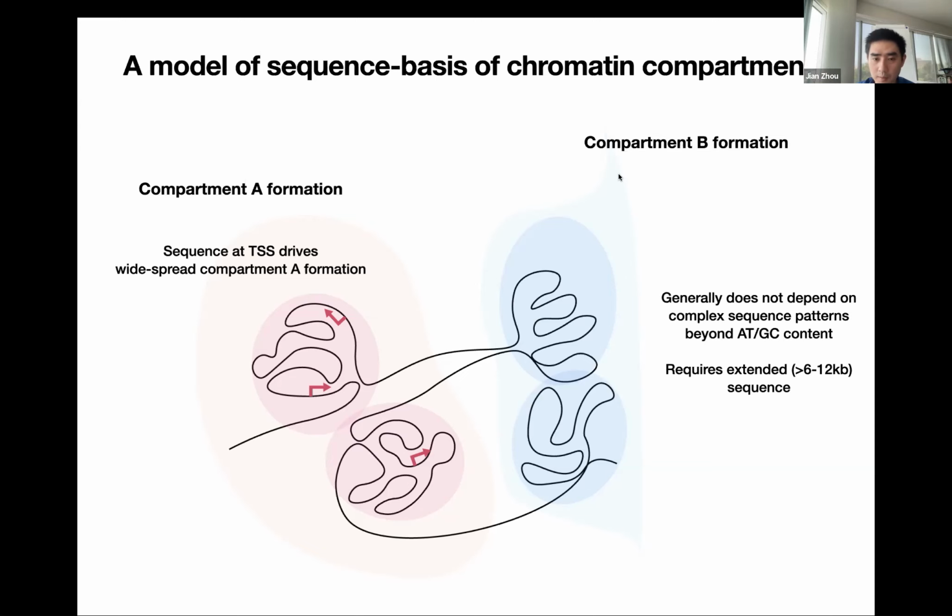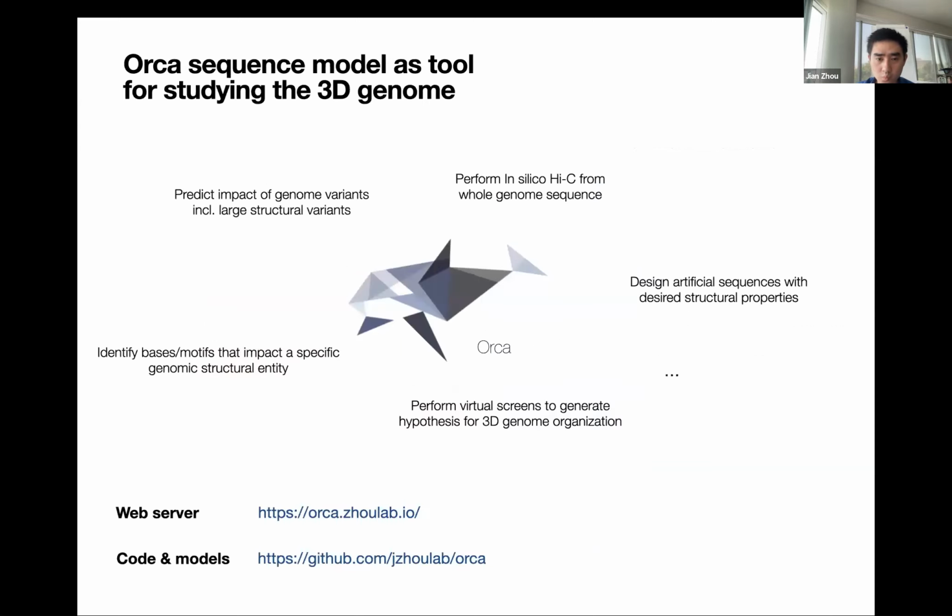So we think that sequence models of multiscale 3D genome are a useful tool for the study of the 3D genome. We have talked about various aspects of applications using the 3D genome sequence model, and also made it available through a web server.